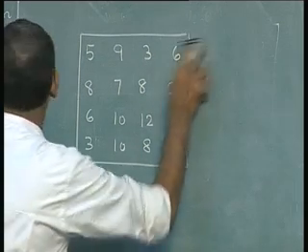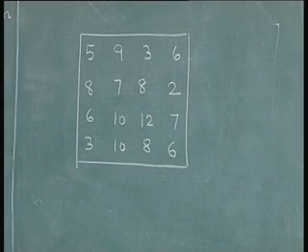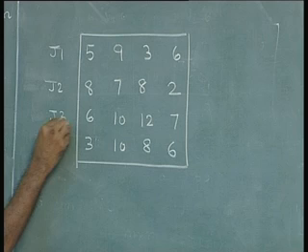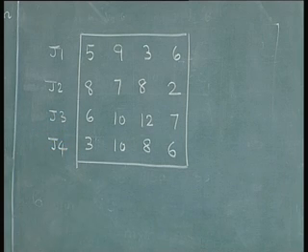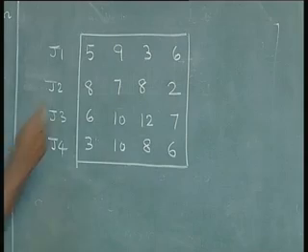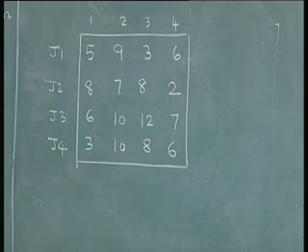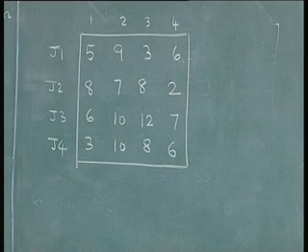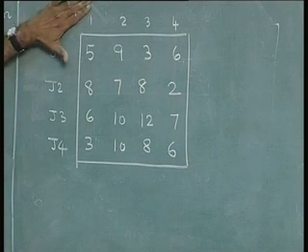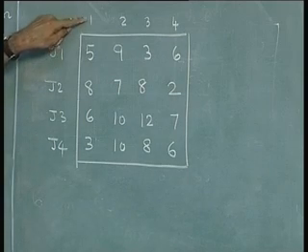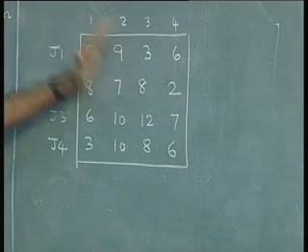Let us assume that there are 4 jobs which we call J1, J2, J3 and J4 that have to be performed, and let us assume that there are 4 people whom we call 1, 2, 3, 4 who can do these jobs. The assumption is every person here can do every one of these jobs. For example, this person can do job 1, 2, 3, 4 and so on.